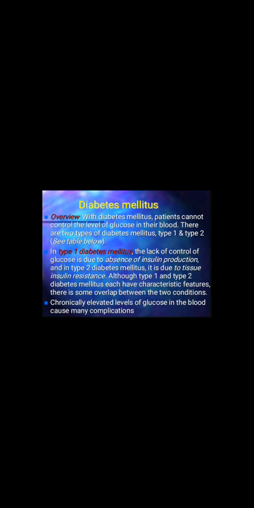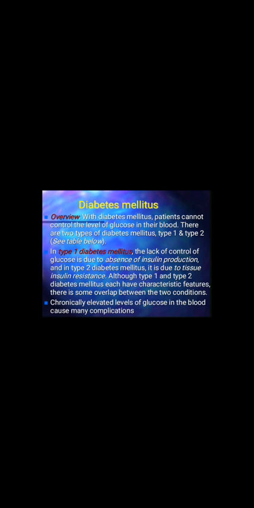Type 2 is when our tissues are not really responding to the insulin produced. In diabetes mellitus, we say there are chronically elevated levels of glucose in the blood, and that can lead to many complications, as we shall see.